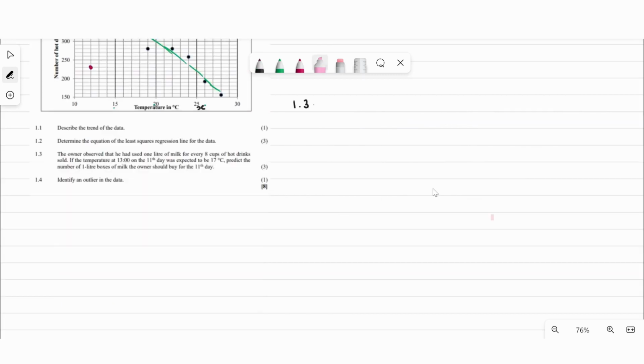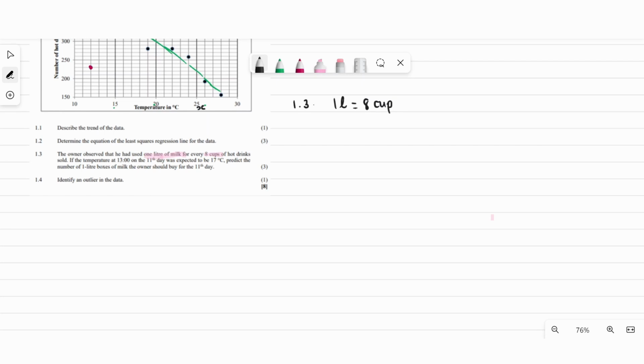So now question 1.3. It says the owner observes that he uses 1 liter of milk for every 8 cups. So we know that 1 liter is equal to 8 cups of hot drink.